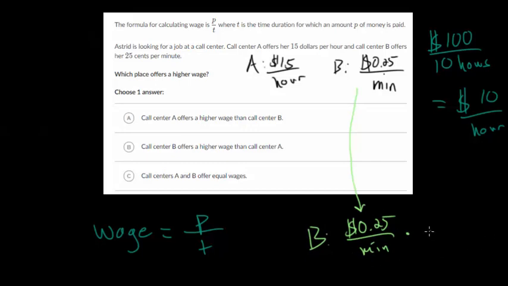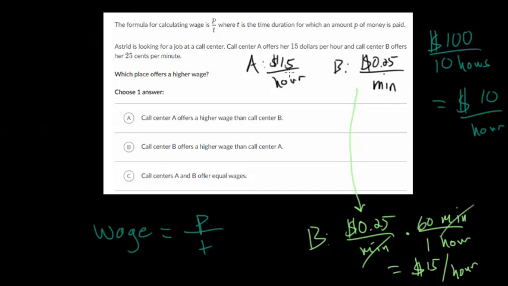We know that there are 60 minutes in 1 hour, and we want to cancel minutes. So that's where I'm going to put up top, and I'm going to put hours down below. And there are 60 minutes for every 1 hour. So notice minutes cancel, and you will get dollars per hour. So we need to essentially multiply 25 cents times 60, or take 1/4 of 60, which is $15 per hour.